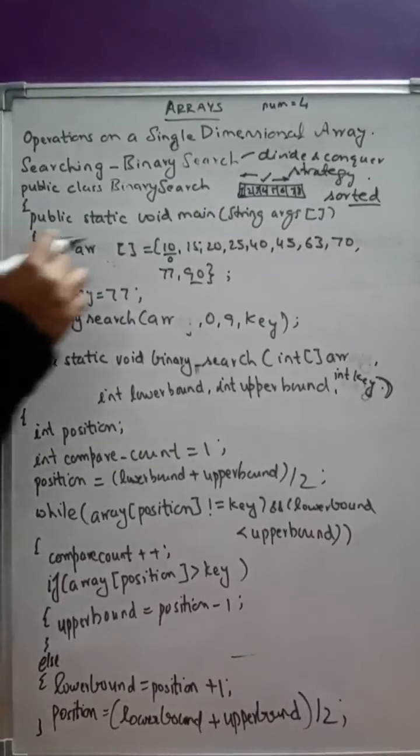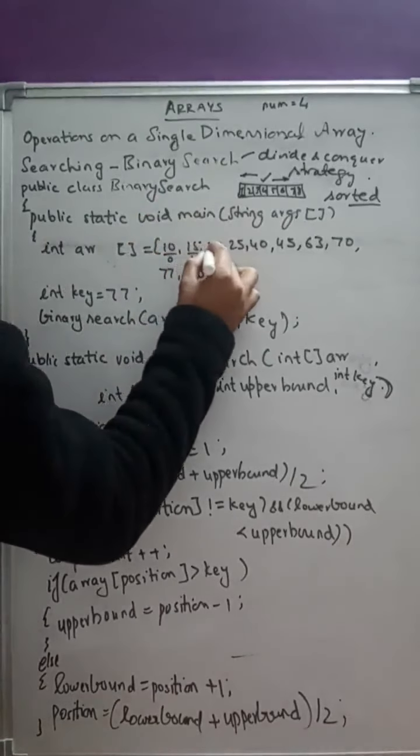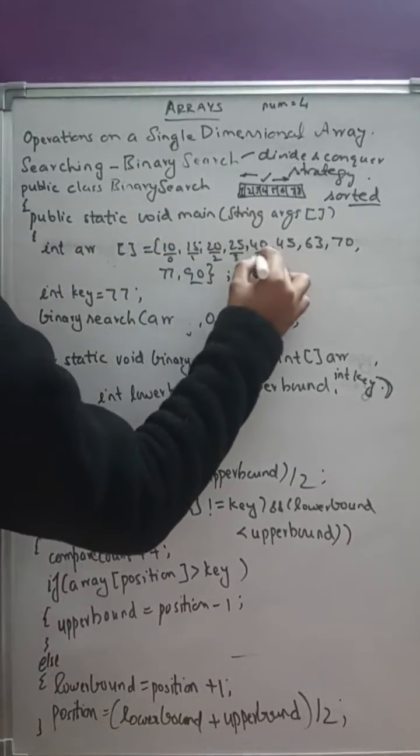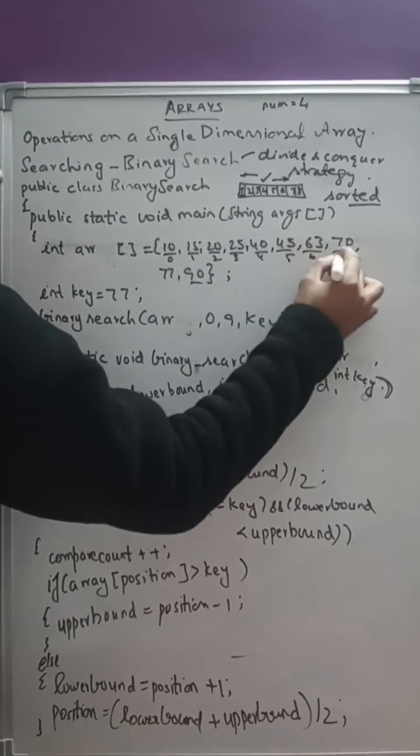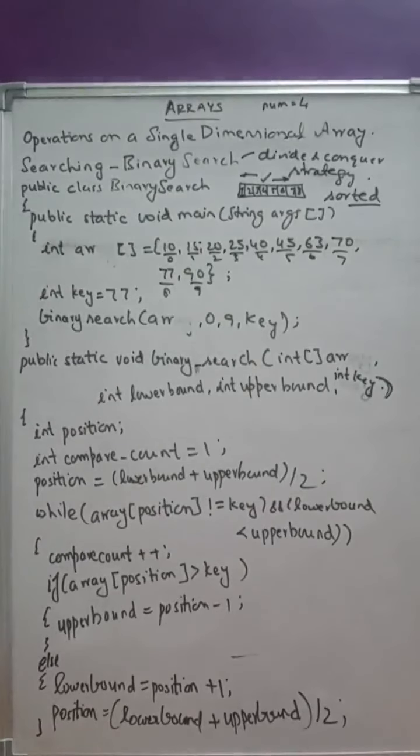The indexes are 0, 1, 2, 3, 4, 5, 6, 7, 8 and 9. So 0 plus 9 divided by 2 will not be 4.5, because the data type we have taken is integer. In case of integer, you take the value on the fourth index, so you consider 4.